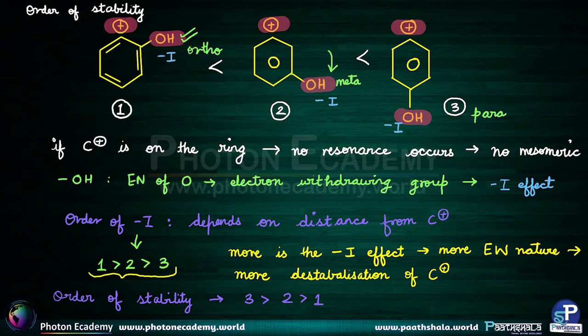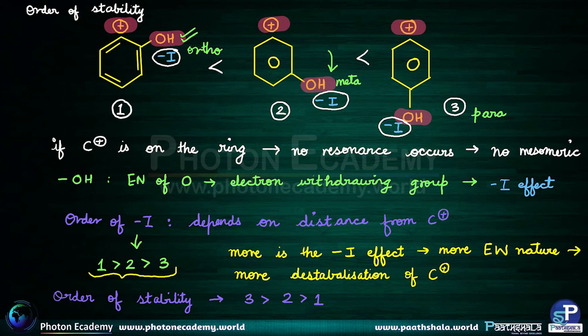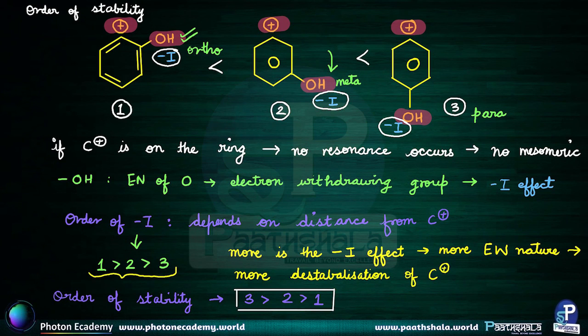Why? Only because of the distance due to the minus I effect. The more the distance, the less the minus I effect, the less the destabilization, and thus the more the stability of the species. So the final answer is 3 is greater than 2, which is greater than 1. This was the final answer of the question.